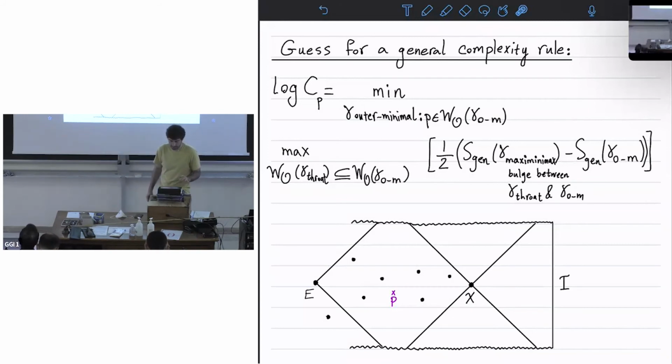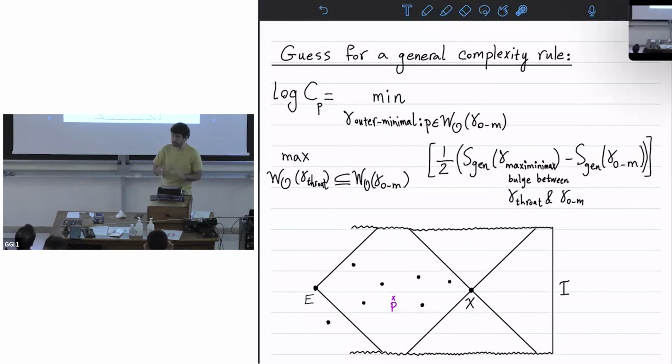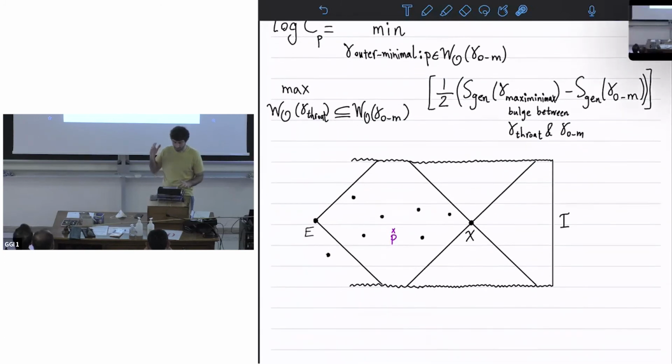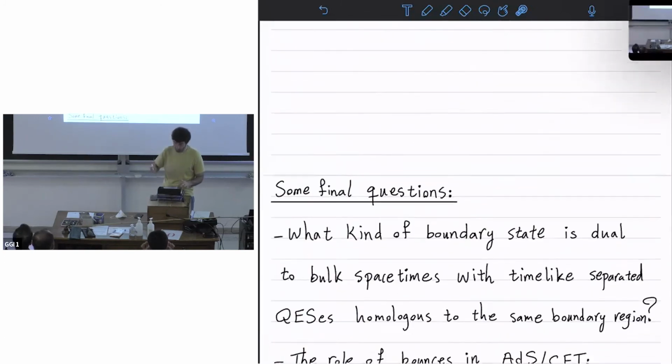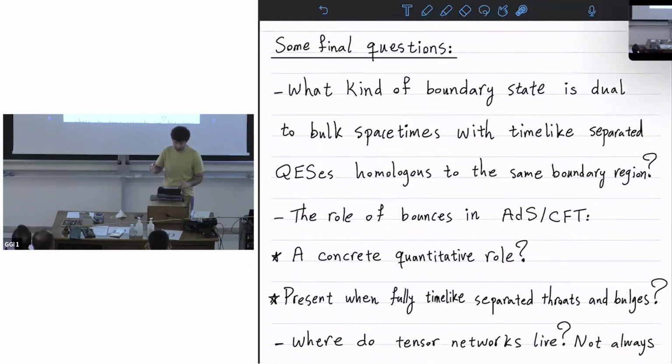It's exactly the messy formula from before, except the outer minimal wedges don't need to nest. I won't get into it since we don't have a proof of this, but as promised, I'm going to end with a few more questions than answers.